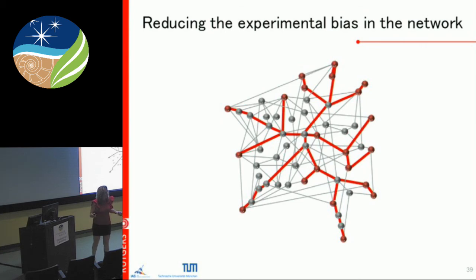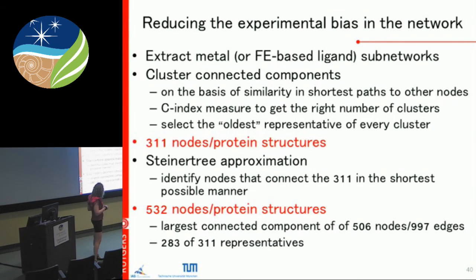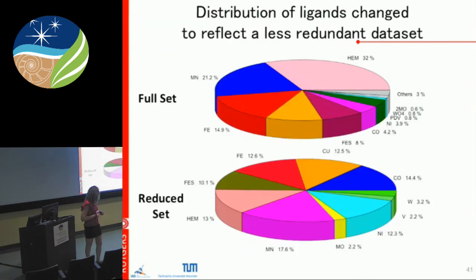Steiner tree is an extremely hard problem, so we did an approximation of the Steiner tree, and we were able to recall 283 of the 311 representatives and cover them in 506 nodes. So now, of our 4,300 nodes, we're at a tree of roughly 500 nodes.